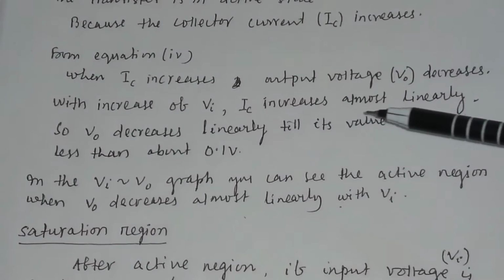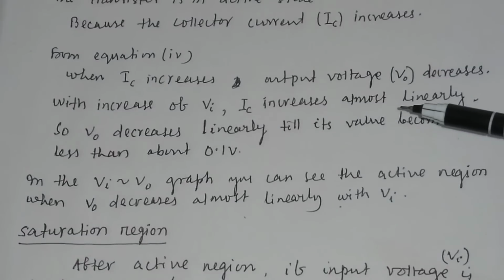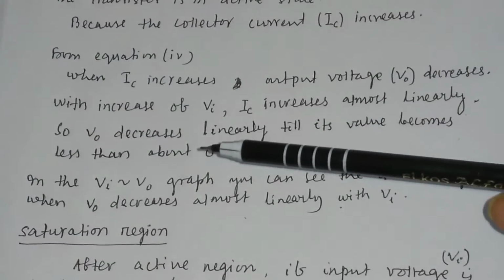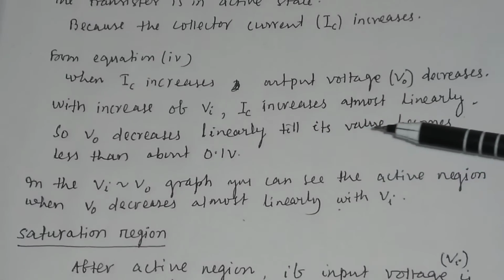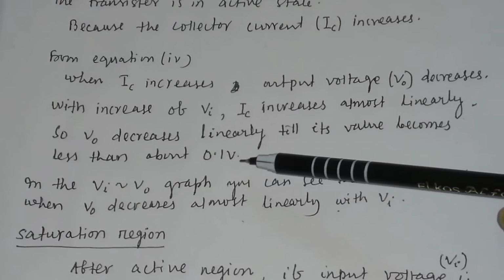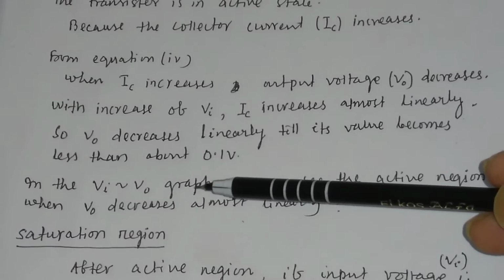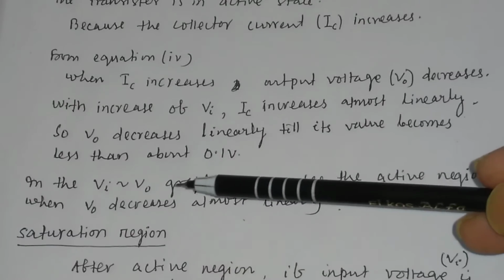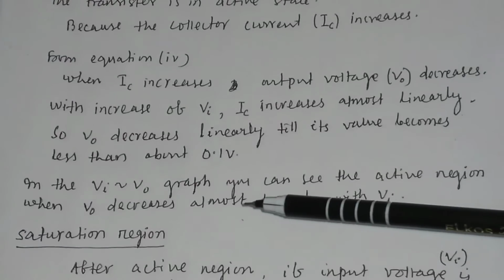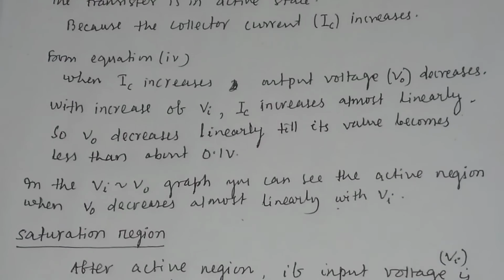IC increases almost linearly. You will see from the graph that IC increases almost linearly. So V0 decreases linearly till its value becomes less than about 0.1 volt. So if you see the Vi versus V0 graph, input voltage versus output voltage graph, you can see the active region where V0 almost decreases linearly with Vi.